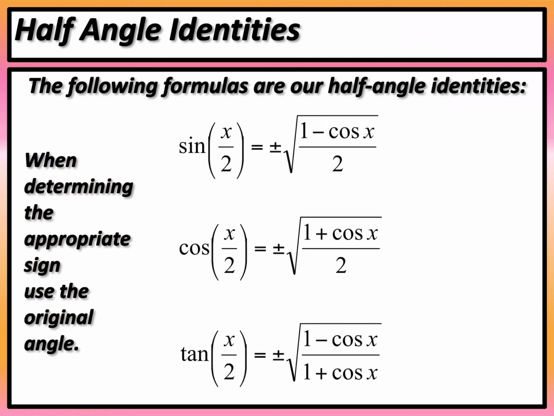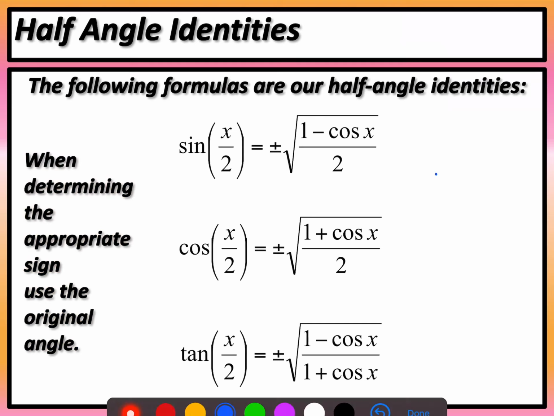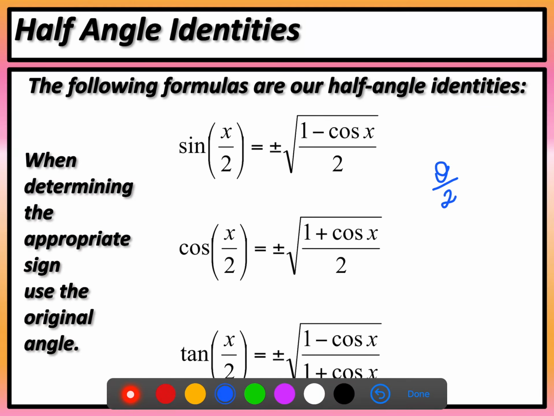So we're going to use All Students Take Calculus in determining that. And when we refer to the original angle, theta over 2, or x over 2, is the original angle. So we want to keep that in mind, that theta over 2 is actually the original angle.